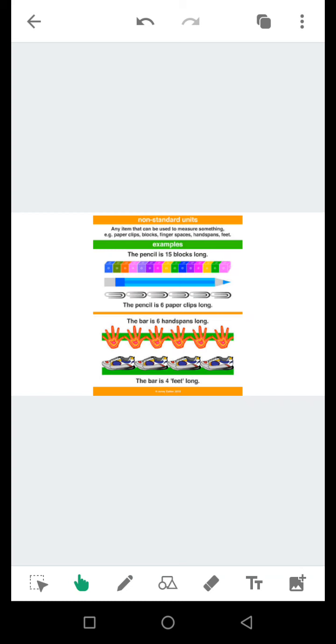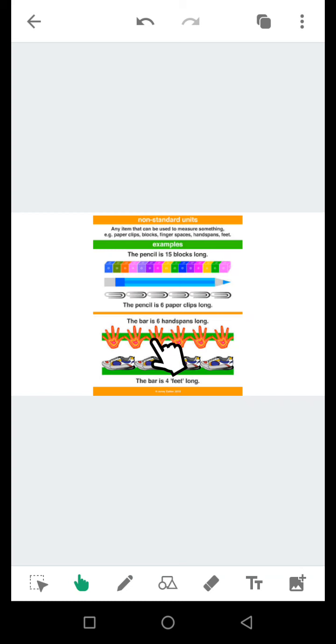Okay, for example, the bar. We want to measure this bar with our hand span.